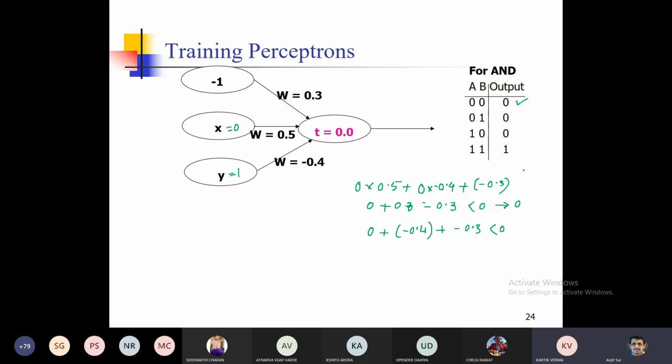Again it is less than 0, so the output is 0. Now you say X is 1 and Y is 0. Now what will happen? This is 1, so it is 0.5 plus 0.